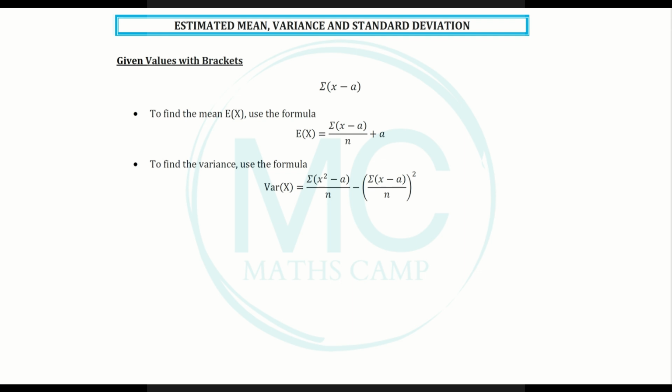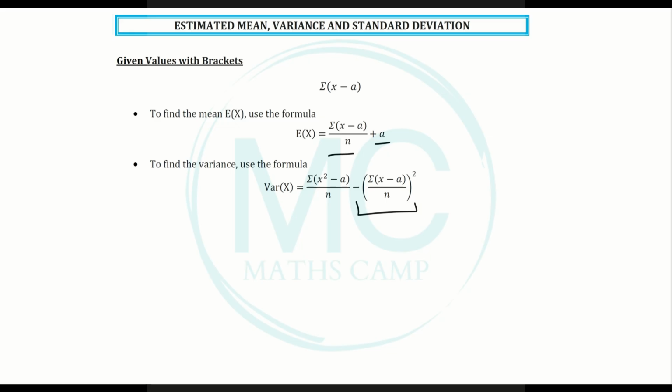When working with brackets, we cannot use the mean, sigma x, when looking for the variance, because to find the mean, we take our fraction and we add a. But when working with variance, our squared term is simply the fraction. Keep this in mind in your exam. We have seen questions like this every single year so far. Finally, last thing to remember is that the standard deviation is still simply the square root of the variance.